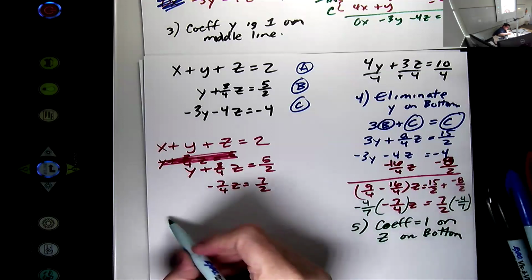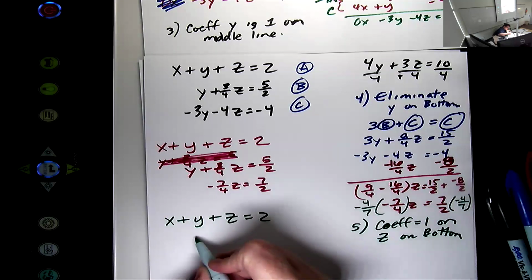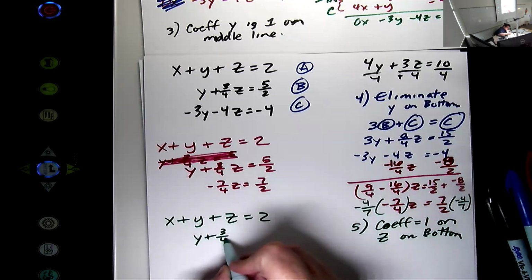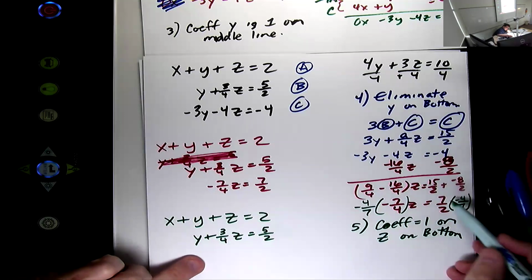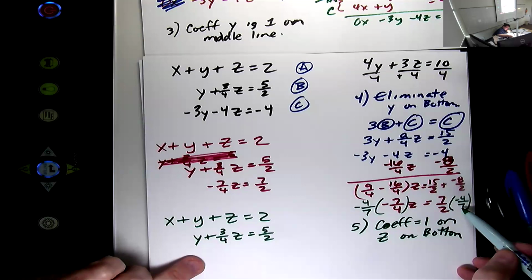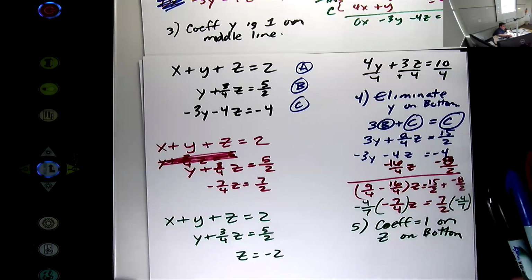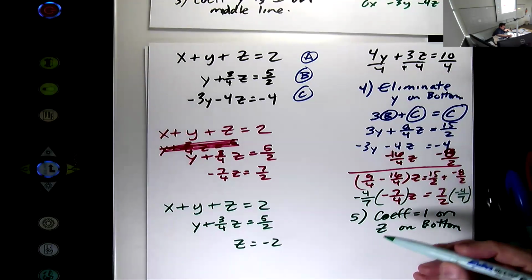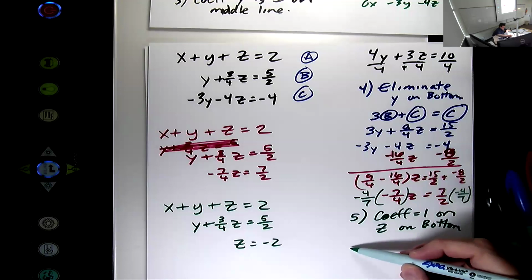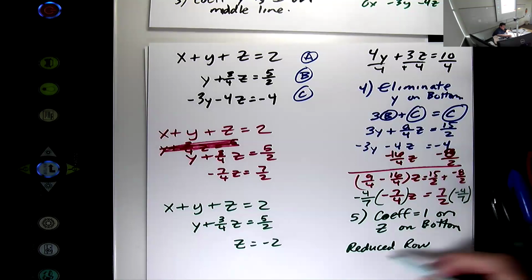If I do that, my new system is, the 7's cancel, and I've got -4/2 z equals -2. Now that is in reduced row echelon form.